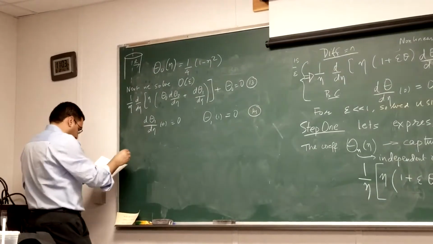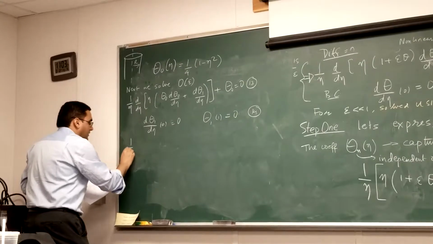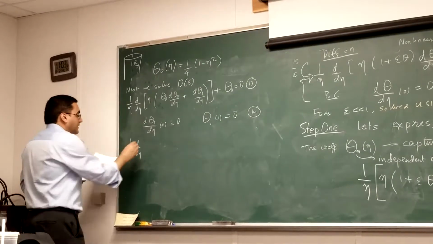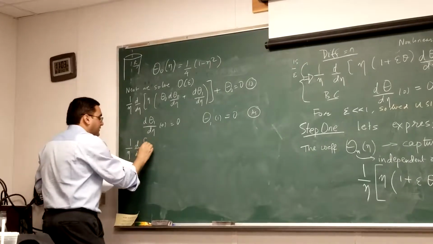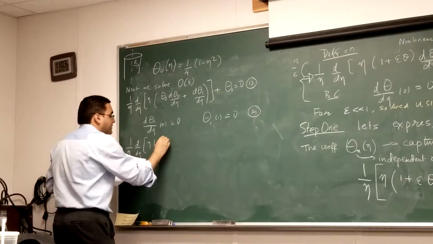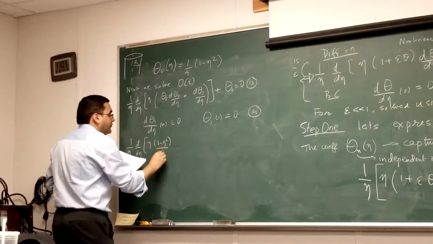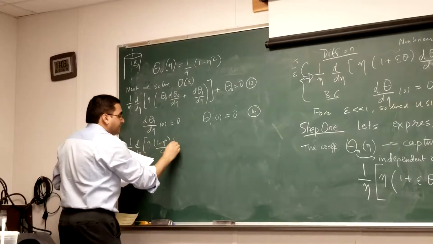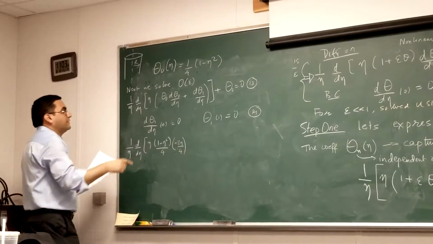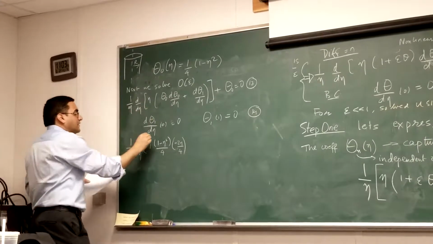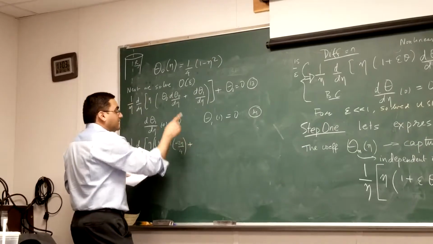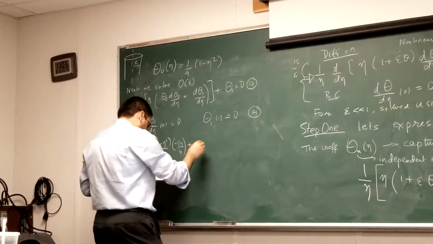Now that's where the algebra kicks in. Again, you have eta. You can do this by writing (1 minus eta squared) divided by 4, and then you have the derivative, so minus 2 eta divided by 4. That's just this term. So let me put parentheses like this, and then d theta 1 over d eta comes in just as is.